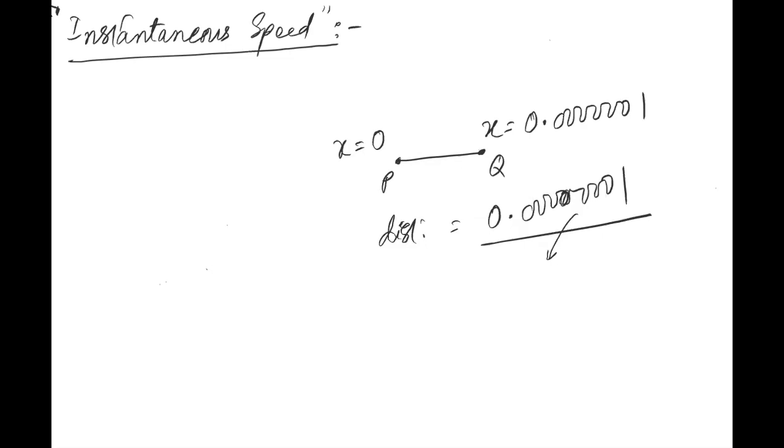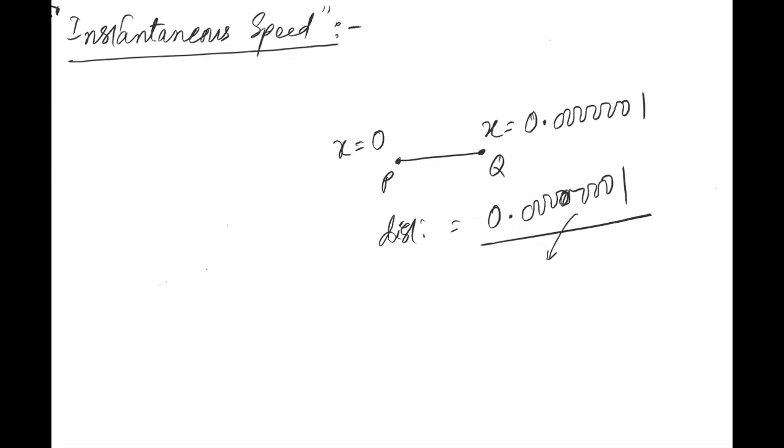Instant means at a particular point. You have changed your position, but by such a very small value that the change can be approximately considered as zero. Clear? So if speed is calculated for such a small change of position, such a speed would be called instantaneous speed.